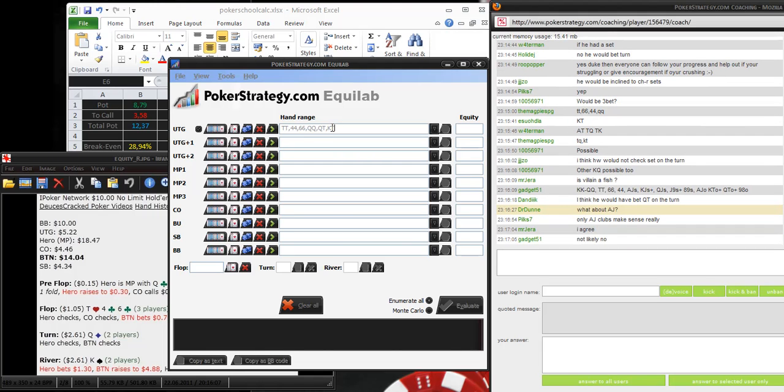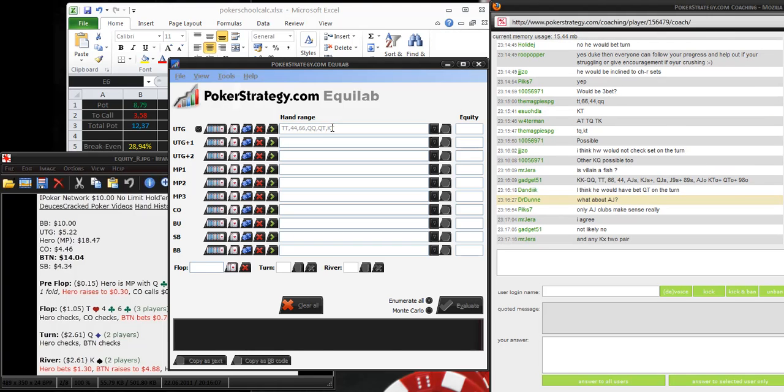8, 9, it's practically a bluff. Ace jack, what kind of ace jack could be playing this way? Actually, I do agree that even any kind of ace jack could be played this way.